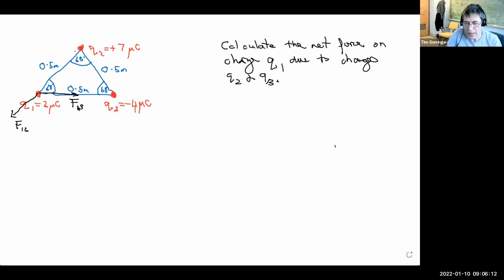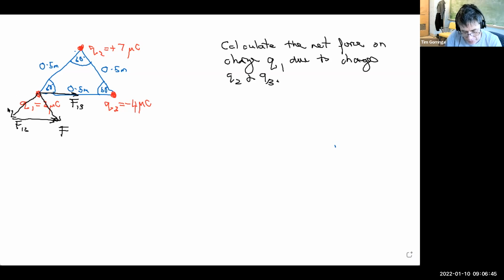And they're going to add up to make a net force, a total force. And that's what we want to figure out. If I was to draw it, it might look something like this. So that's the net force. And what I'm drawing is the sum of F12, this force on the left, plus F13, this force on the right.